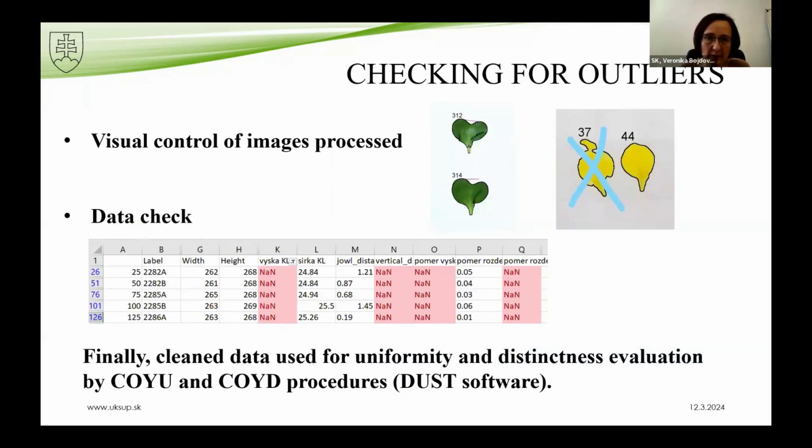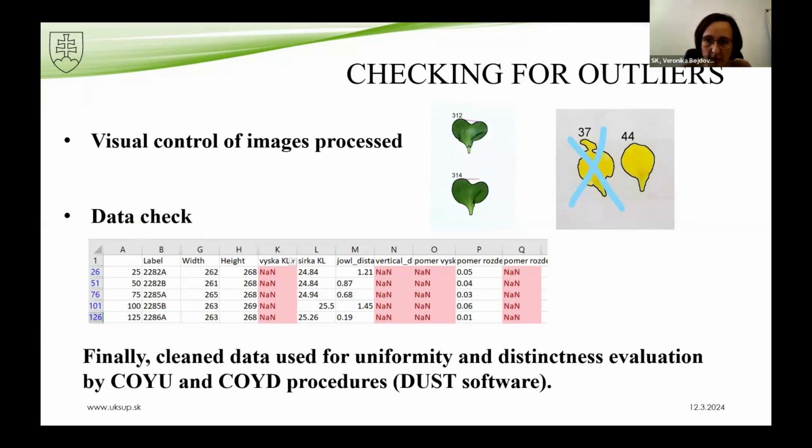Our DUS experts, in cooperation with statisticians, check the processed images for outliers, which should not appear in the data for statistical analysis used for uniformity and distinctness evaluation of candidate varieties. There can be, for example, as you can see on the images, an incorrectly measured lobe distance of the cotyledon.